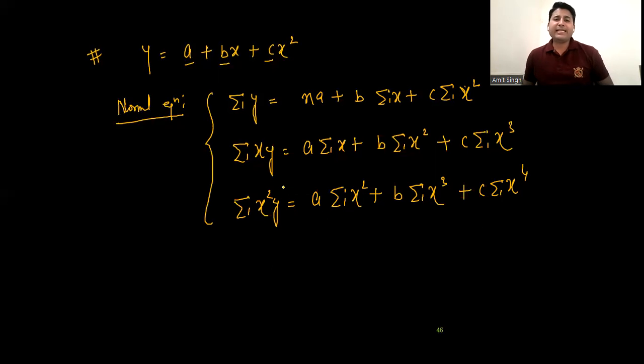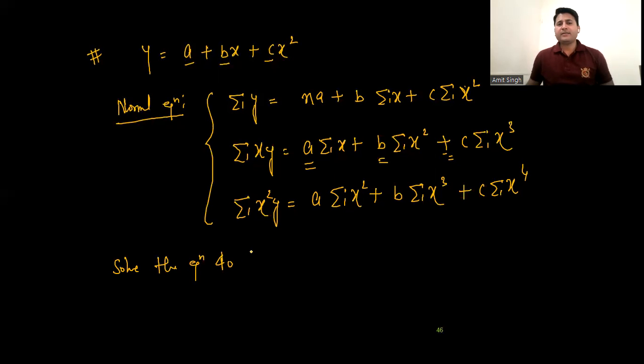Find whatever sums are needed and then solve them to find the values of a, b, c. Now solve these equations to find the values of a, b, and c.